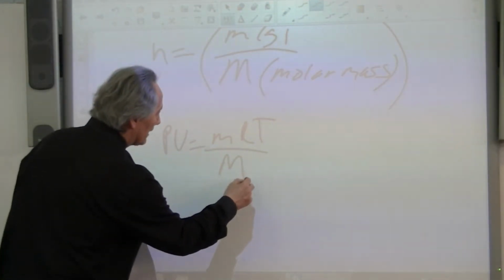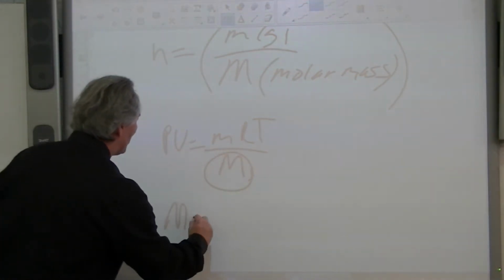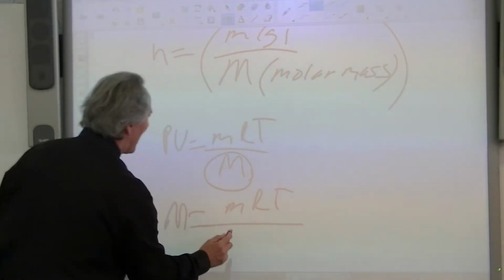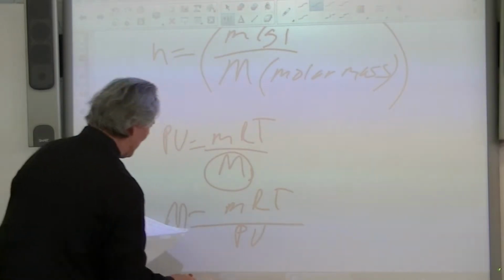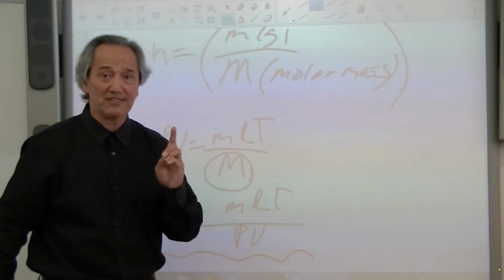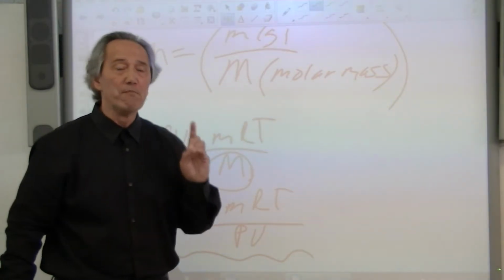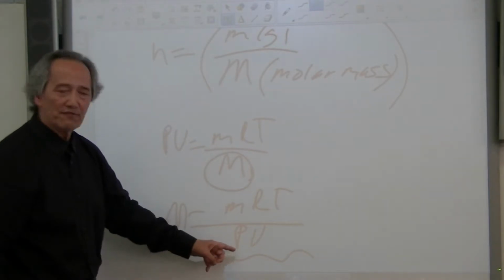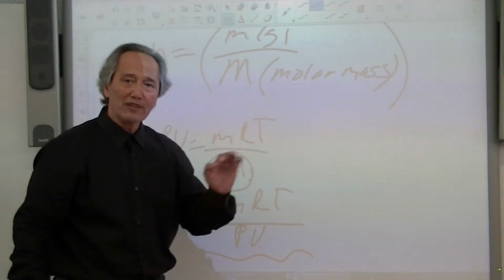So we're going to isolate big M. Therefore big M equals mRT, little m for mass, divided by PV. And hence we have a new derivation expressed in terms of molar mass equaling mass, gas constant, temperature divided by pressure, volume.